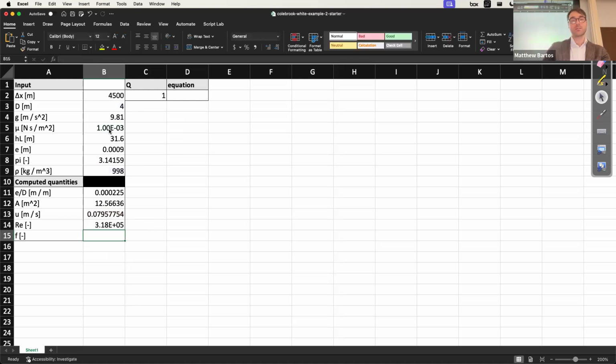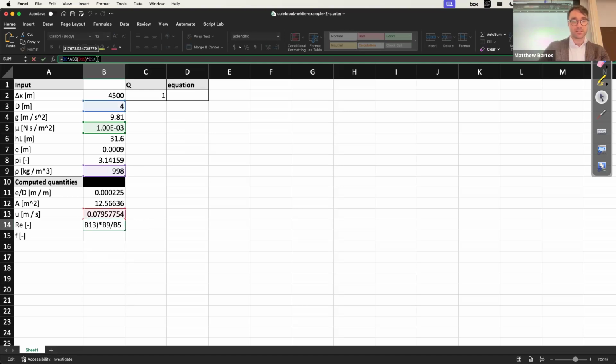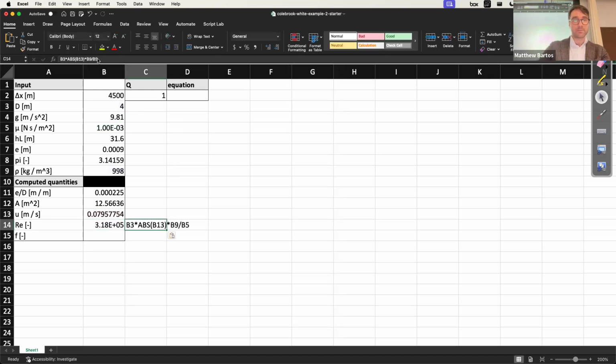The Reynolds number isn't designed to be negative, so I put an absolute value around the velocity to make sure the Reynolds number doesn't become negative. Yes.